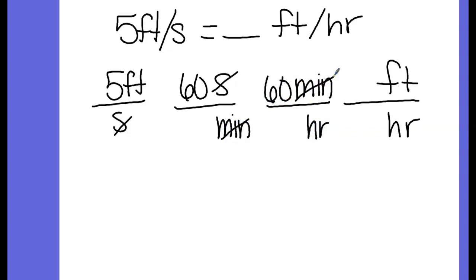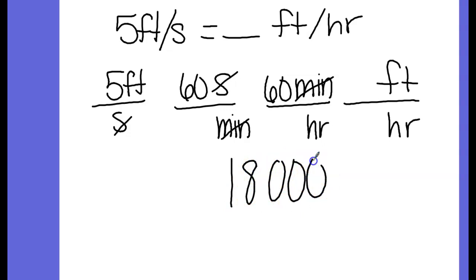So now I take 5 times 60 times 60, and I get 18,000. And my label would be feet. And then on bottom, I have 1 times 1 times 1, which is just 1, so I can just write feet per hour. Okay, if you said that there was 3,600 seconds in an hour, you still got the same answer, correct? Yep.